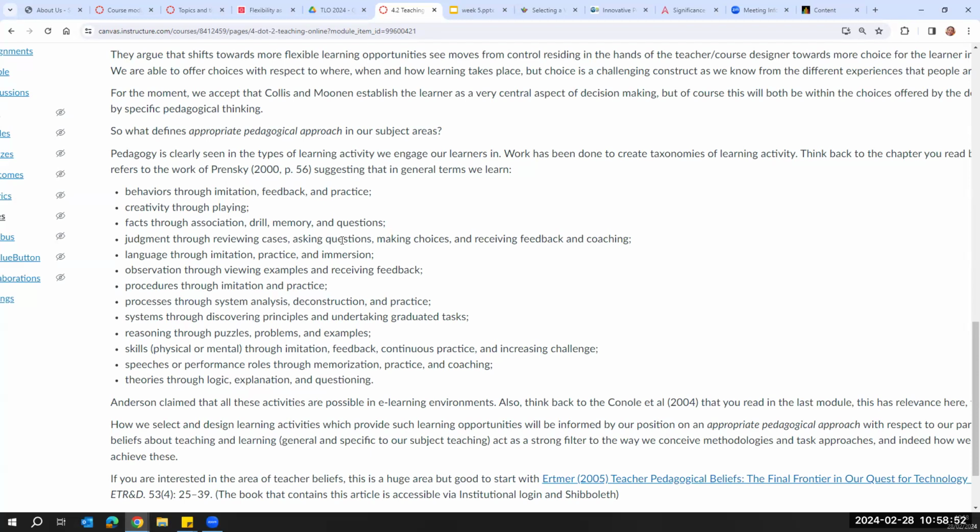So observation is another thing. We know this from scientific methods: observation, experimentation, analysis. Challenging, that's the idea of asking questions, solving problems. Yeah, so you can see in the list as well all the things that are going deeper into theory and reading, making connections as well, I would say.